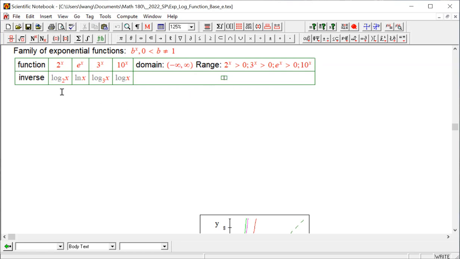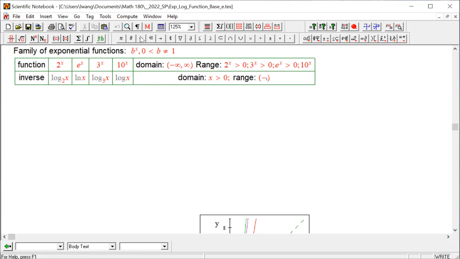Okay, so how about the domain and range for all these logarithm functions? The domain for all of them is x positive, all positive numbers. The range for them all is all real numbers.